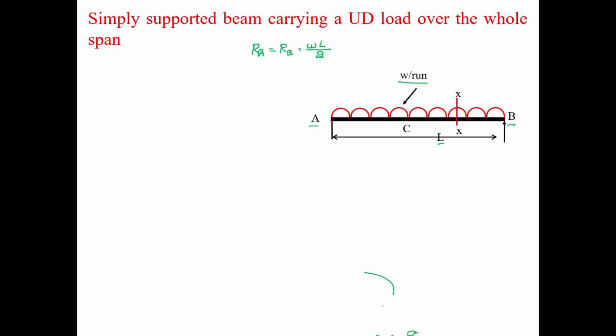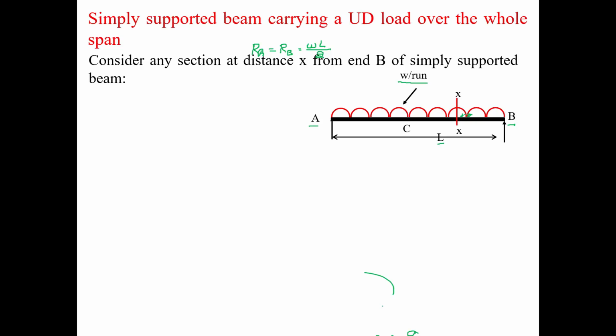Now since in between A and B you do not see any variation, the load is applied continuously but there is no change you can observe, so only one section is sufficient. So we take a section at a distance x from here.